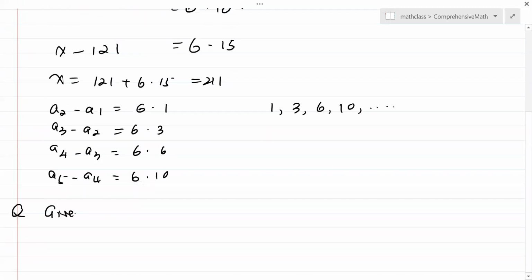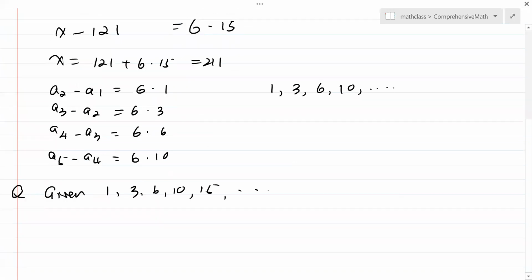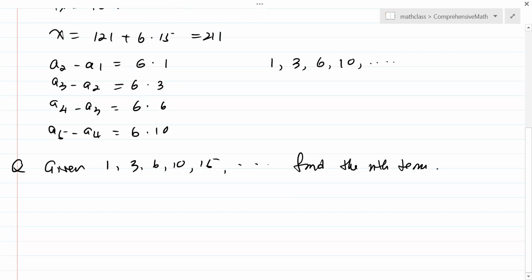Given the sequence 1, 3, 6, 10, 15, find the general formula first. Find the nth term. So you can get n times n plus 1 over 2.